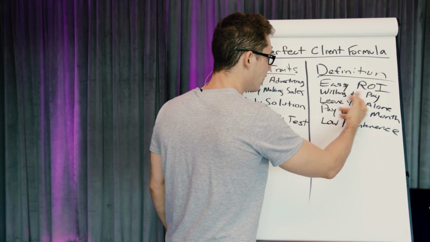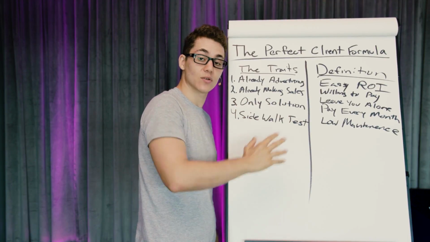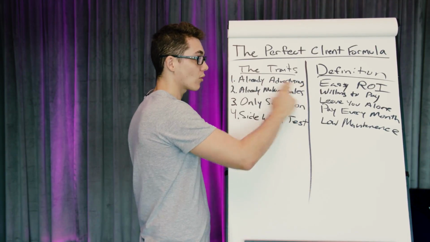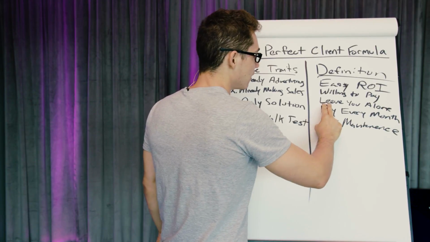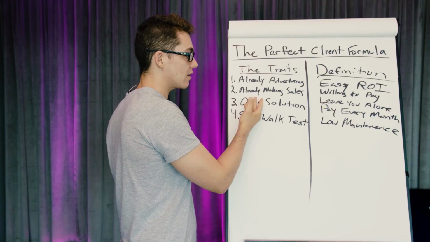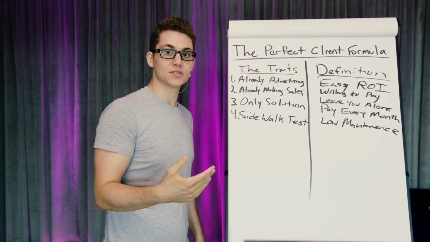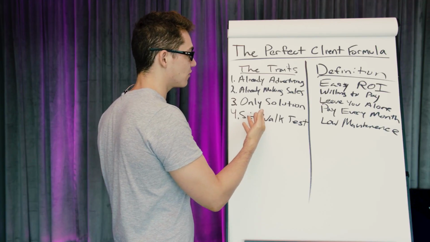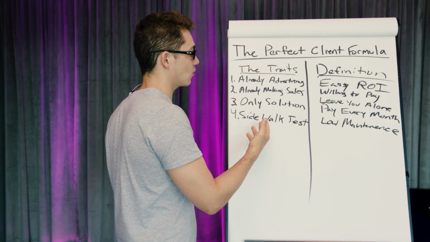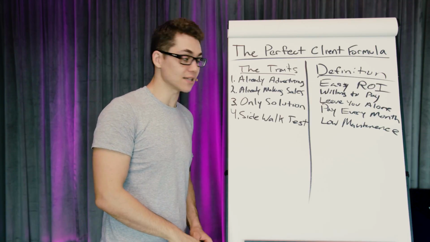They are willing to pay because they're already closing sales, and they know the value of getting new leads, so they're willing to pay you because they're already advertising. They'll leave you alone because they're consistently making sales, and if you send them more, they're going to be busy dealing with new clients and new customers, and they're not going to want to bug you for constant phone calls and reports as long as you're bringing them consistent leads.